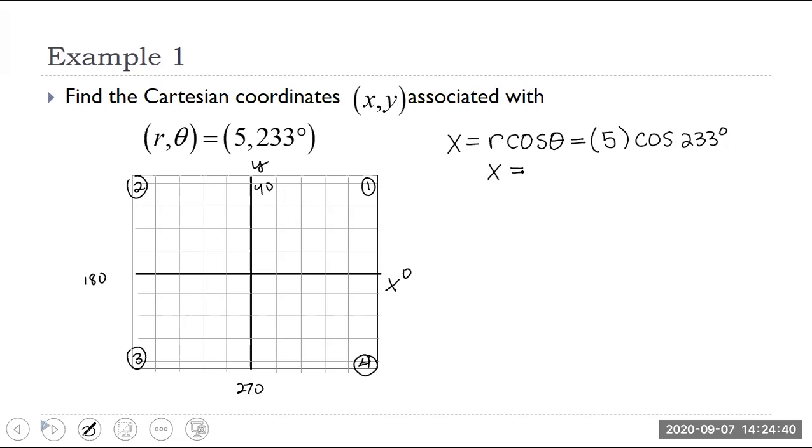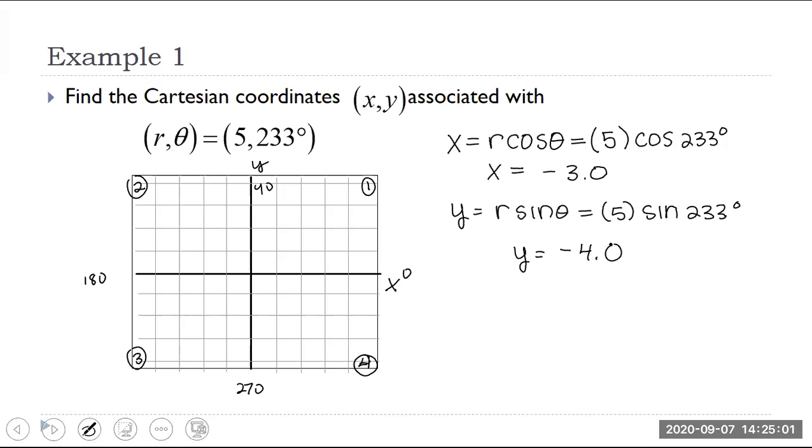So my x value turns out to be -3, exactly. And when I find the y value, this is r times sine of the angle, so this is 5 times sine of 233. My y value turns out to be exactly -4.0.